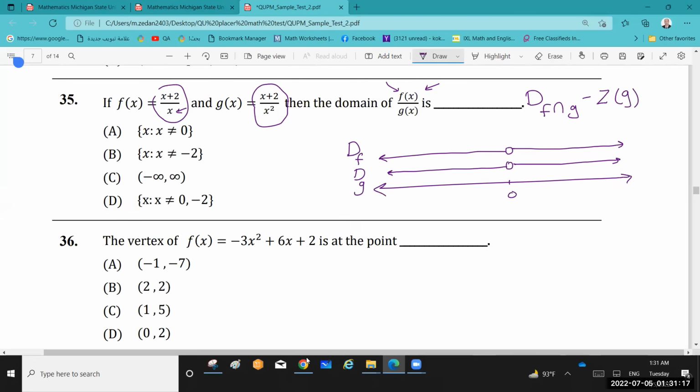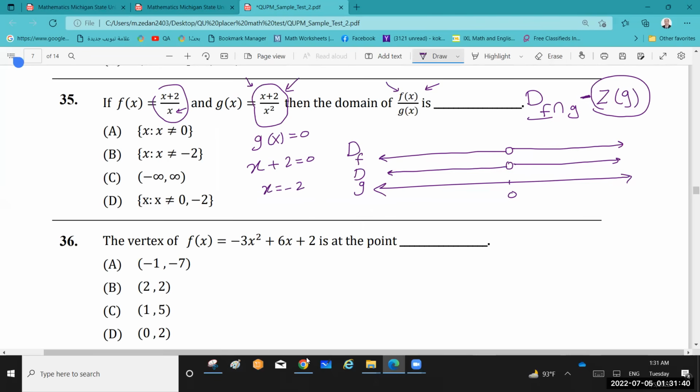Now I want to divide, except I calculate this now, I want to restrict or take away the zeros of g. This function g of x is equal to 0 when x plus 2 is equal to 0, the numerator. Okay, so x is negative 2.